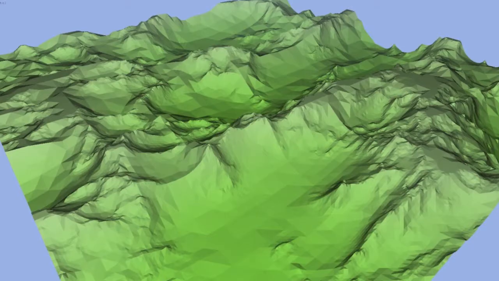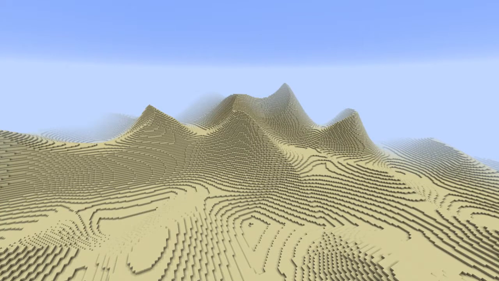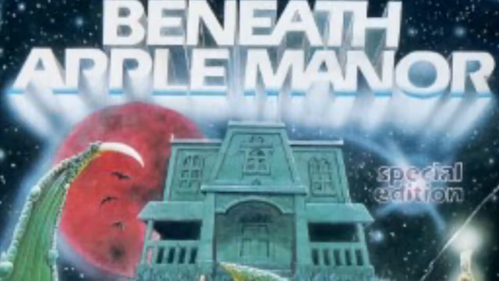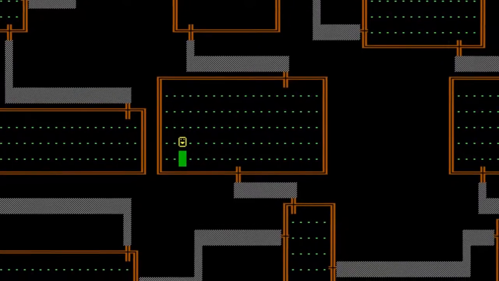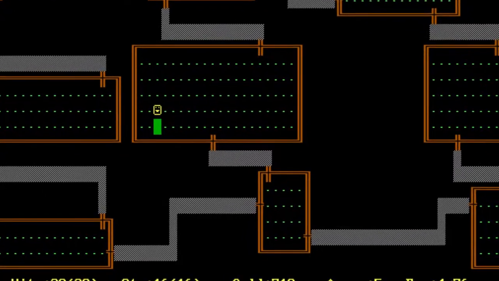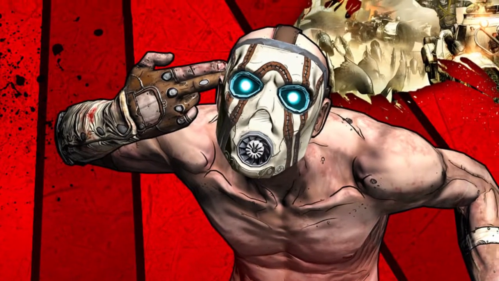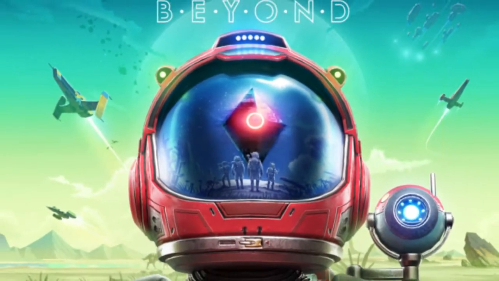Procedural generation. The act of generating vast amounts of digital content through the use of an algorithm. It's a tool that has existed since the gaming equivalent of time immemorial, and a great deal of use has been found for it, from randomizing loot drops, all the way up to generating entire game worlds.